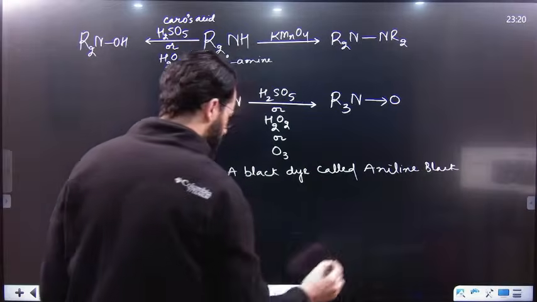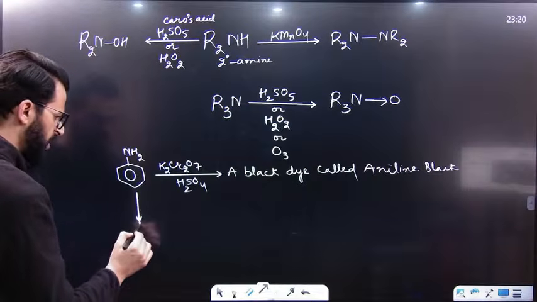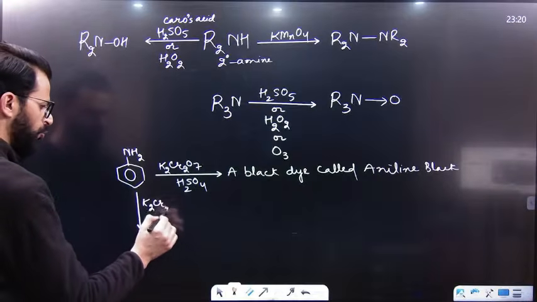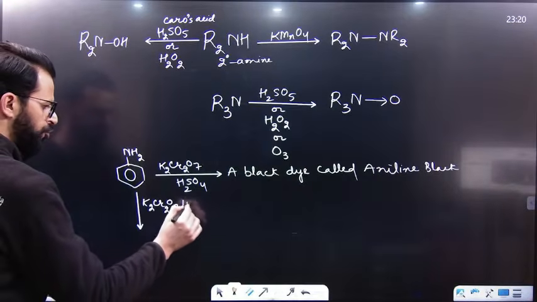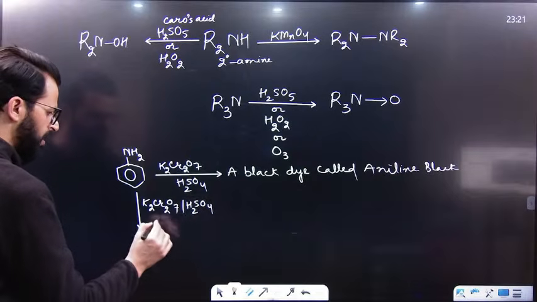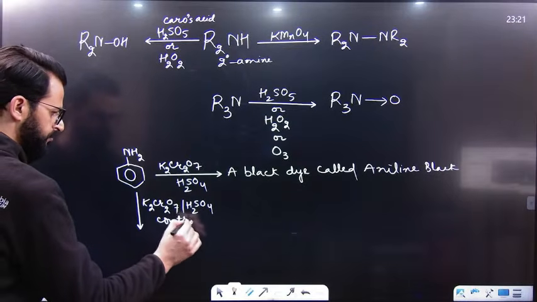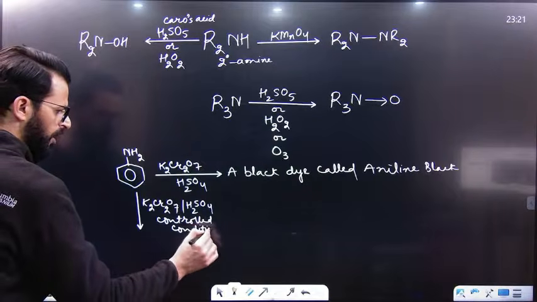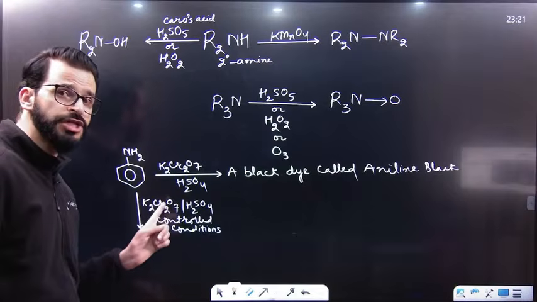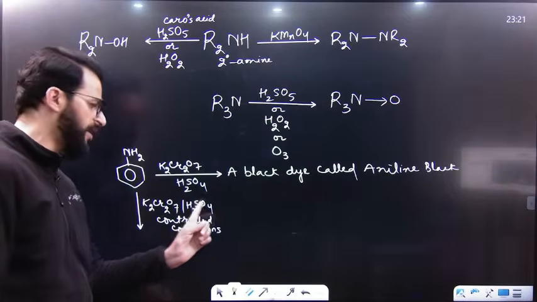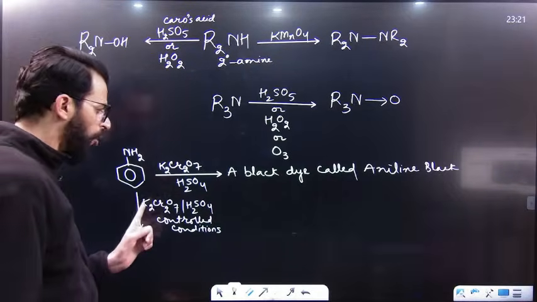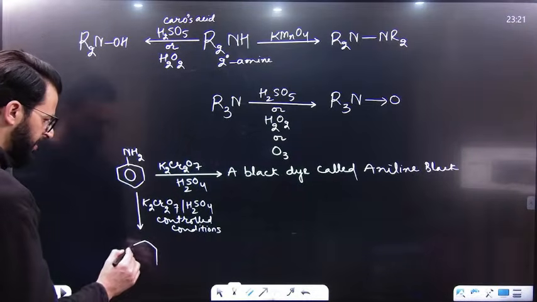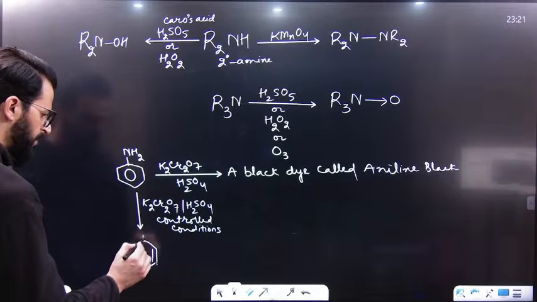But if the same reaction, that means if we treat this with K2Cr2O7, H2SO4, but under controlled conditions, or by using Na2Cr2O7 and H2SO4, that means sodium dichromate in the presence of H2SO4, or H2CrO4, that means chromic acid, then remember, it results in the formation of para-benzoquinone.